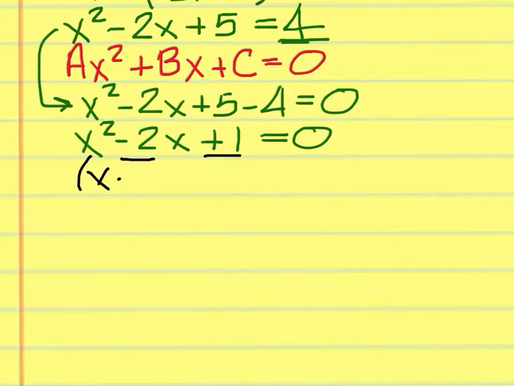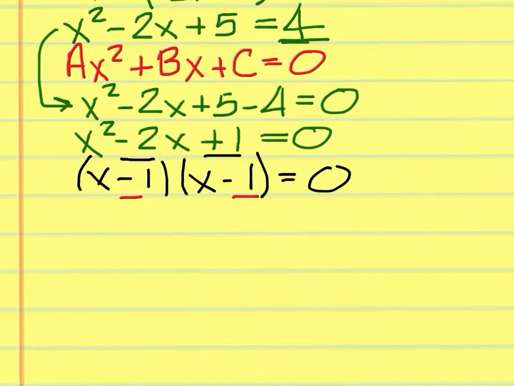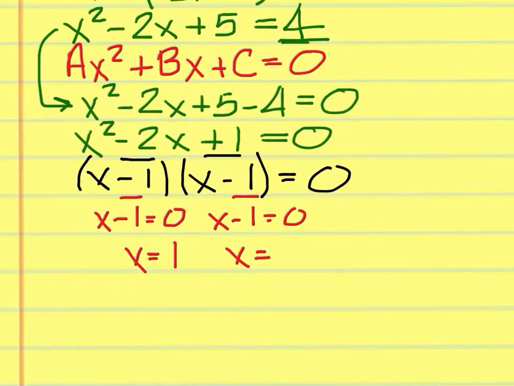So it's x minus 1, x minus 1. Once you do that, you set them both equal to 0. Since it's the same thing, you're going to get the same answer, which you only need to write once. So x is simply going to be 1.